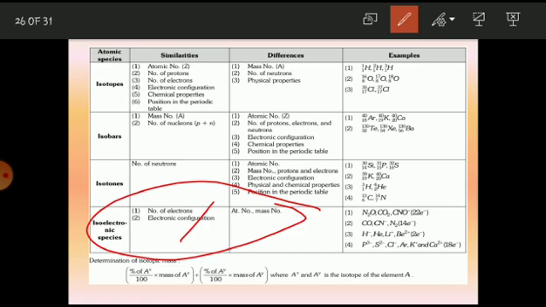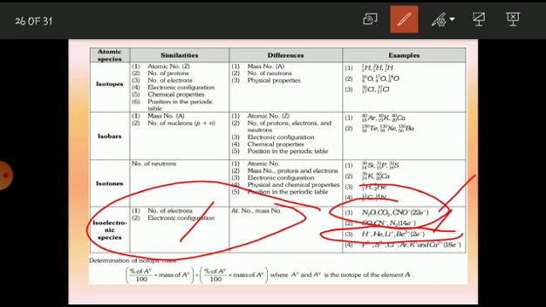For example, consider this third example, H minus, helium, lithium plus, beryllium plus 2. All these are having 2 electrons. Dinitrogen oxide, carbon dioxide, CNO minus, all are having 22 electrons.